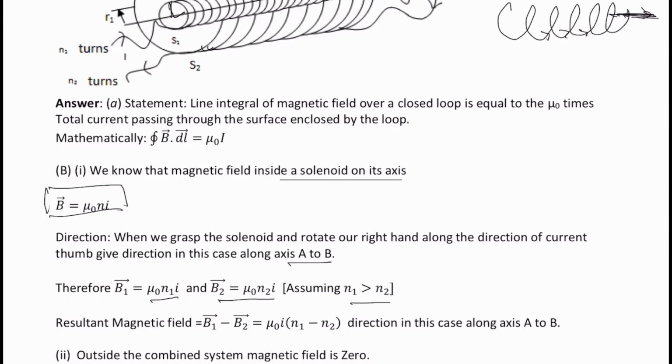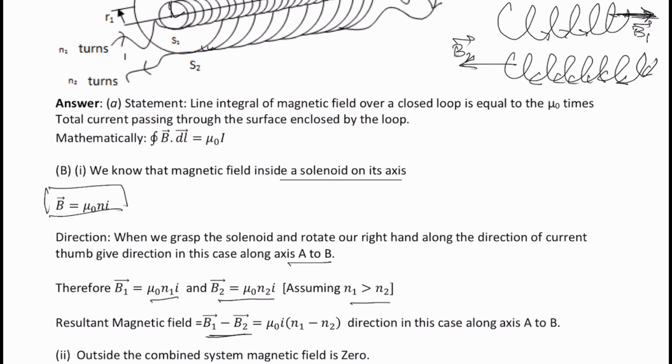If the inner coil produces a magnetic field along this direction, for the second coil, the outer coil, the direction of current is just reversed. So it will produce a magnetic field in the opposite direction. The resultant magnetic field will be, as they are 180 degrees apart, B1 and B2 subtracted.